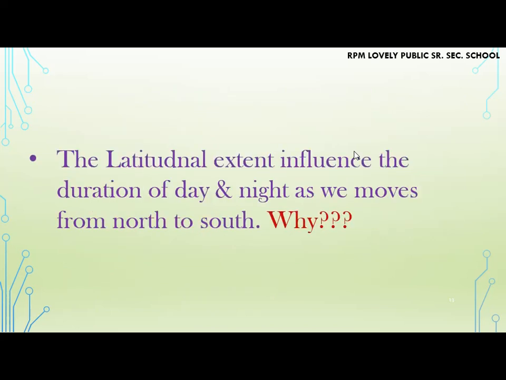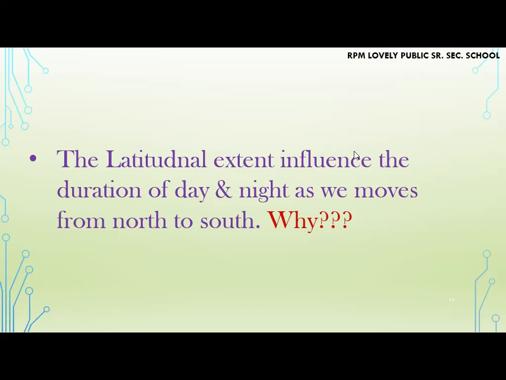The latitudinal extent influences the duration of day and night as we move from north to south. Why? Students, Kanyakumari is close to the equator, but Kashmir is far from the equator. So, the sun rays are parallel in the region of Kanyakumari and they remain there for almost 12 hours.